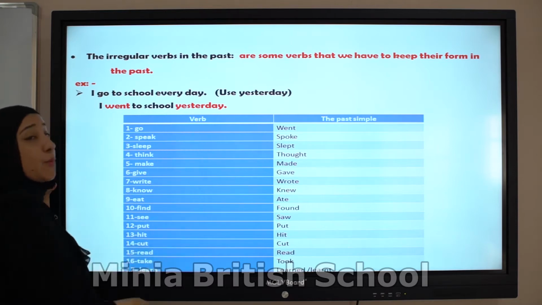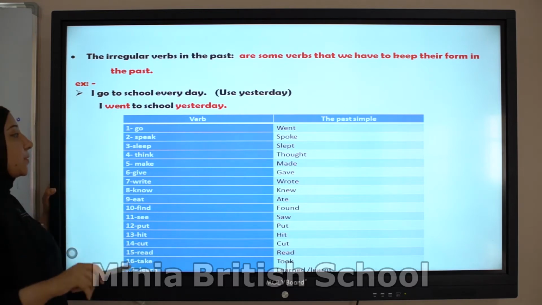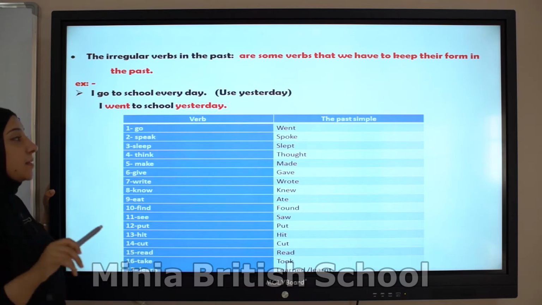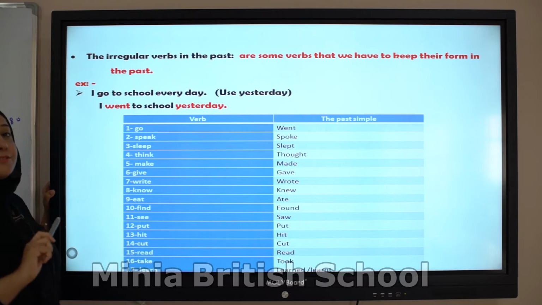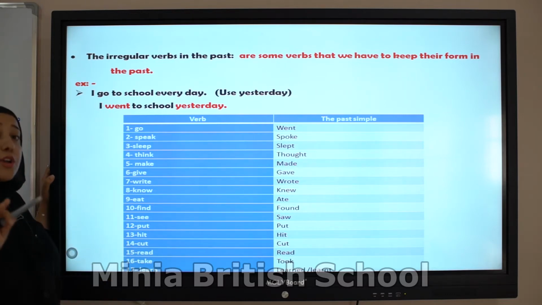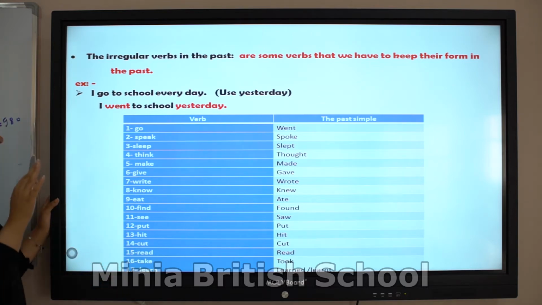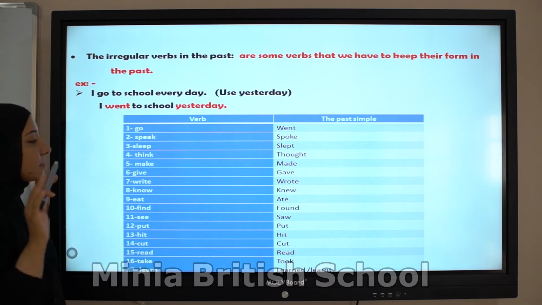Go, went, speak, spoke, sleep, slept, think, thought, make, made, give, gave, write, wrote, know, knew, eat, ate, find, found, see, saw.